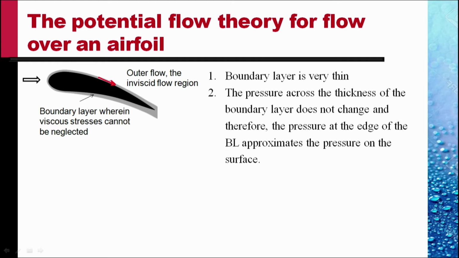So to predict the pressure on the surface of the airfoil, we need to calculate the outer flow up to the edge of the boundary layer, and whatever pressure profile is obtained at the edge of the boundary layer can be impressed on the surface of the airfoil.